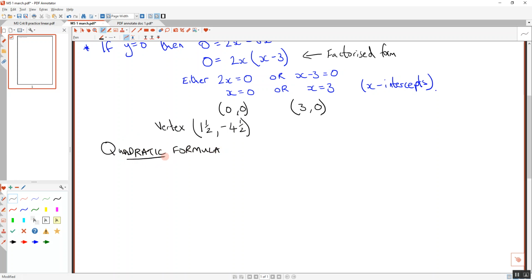Nope, you're given it in your formula booklet. So the quadratic formula is, I'll write it over here, x is equal to minus b plus or minus the square root of b squared minus 4ac, divided by 2a.